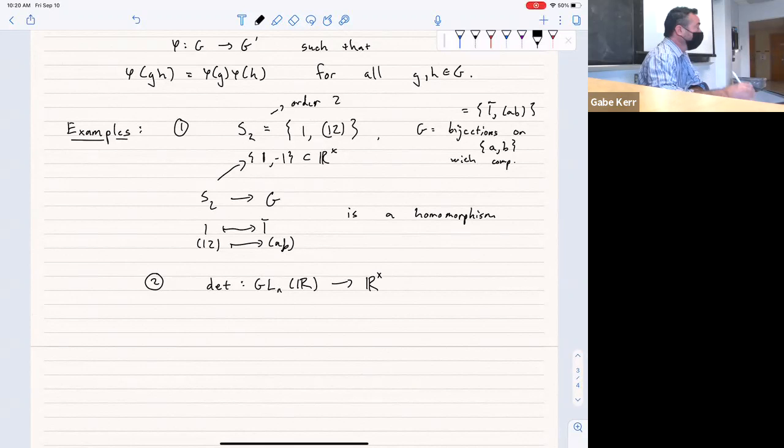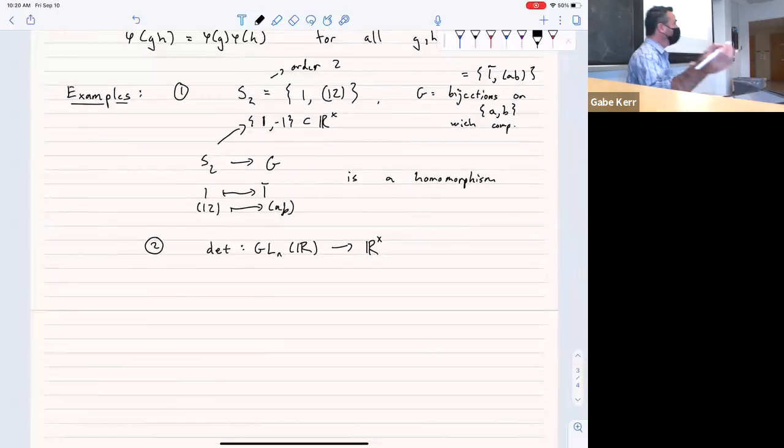And remember, this is the set R minus 0, so this is the product on the real numbers, but you leave out 0. And why do we know the determinant is a homomorphism of groups? You guys remember this?